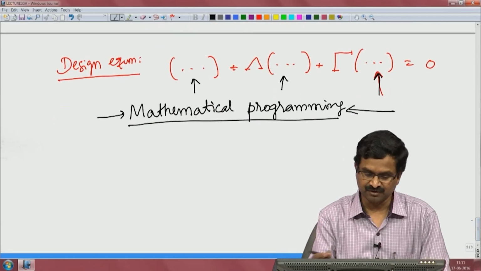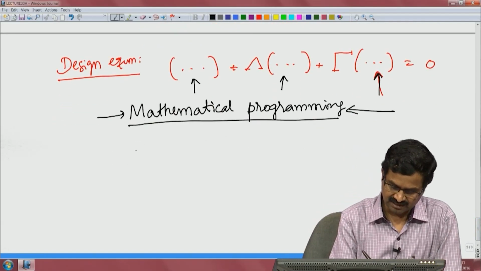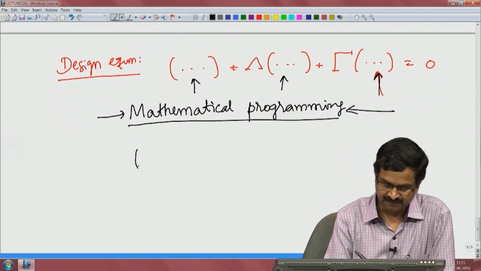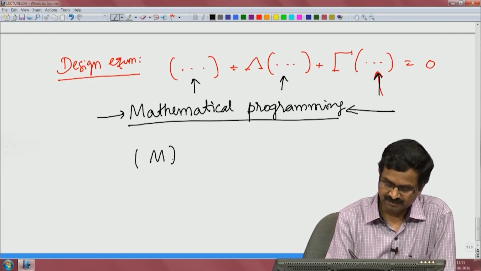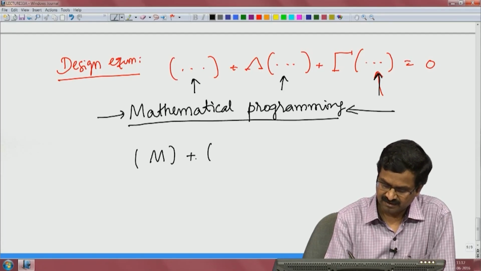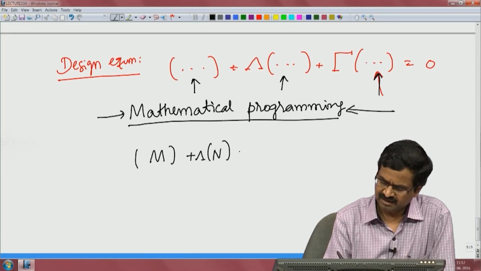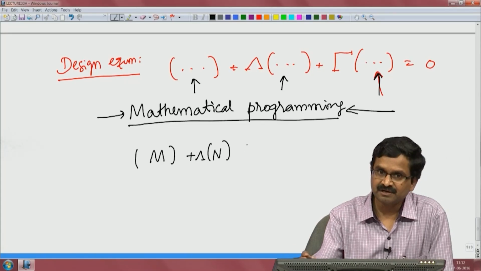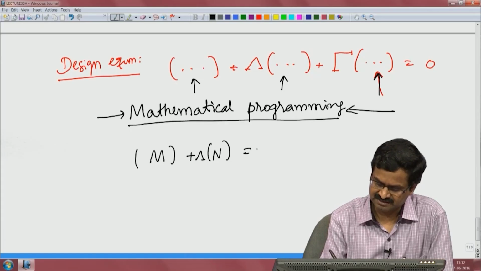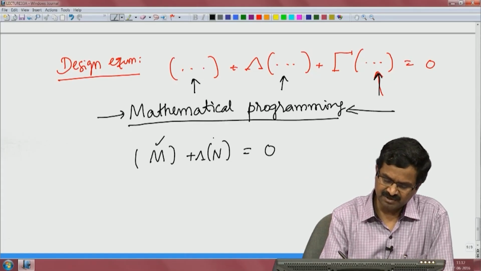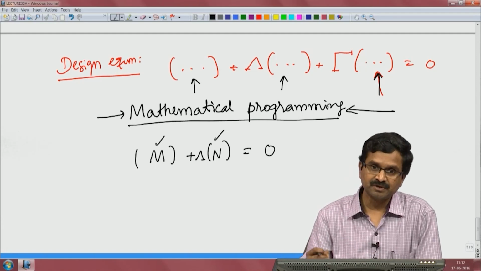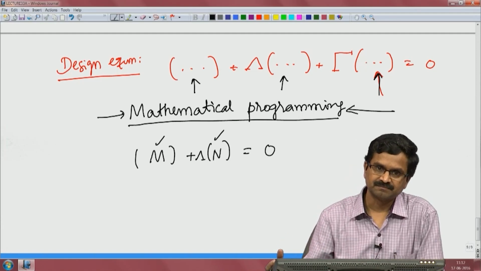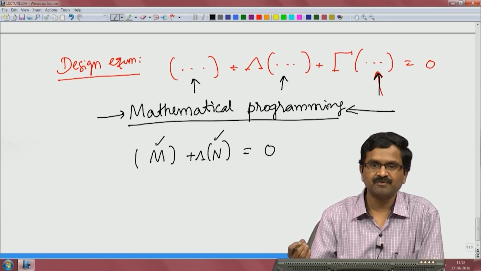Let us say I have a design equation such as this. Just for the sake of writing, I will say this is m plus lambda times n. Let there be another constraint, but we will set that aside. Let us say m and n will be some expressions, which we can compute as soon as we solve the governing equation. That governing equation we can solve whenever we have a.